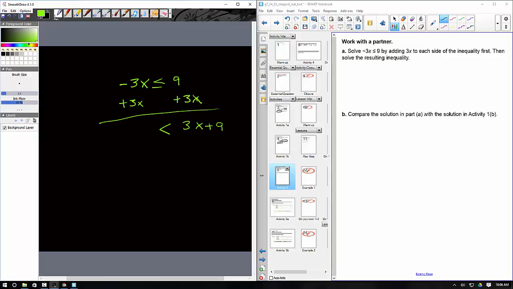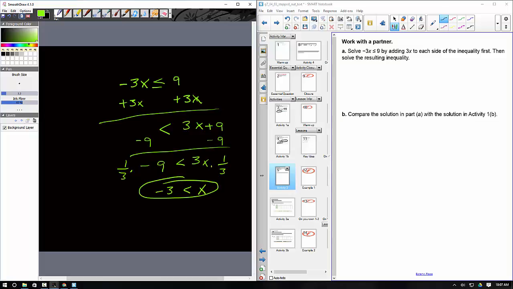So what I want to do is subtract 9 from both sides. Now I have 3x, and I'll multiply by 1/3, and I'll have x is greater than negative 3.